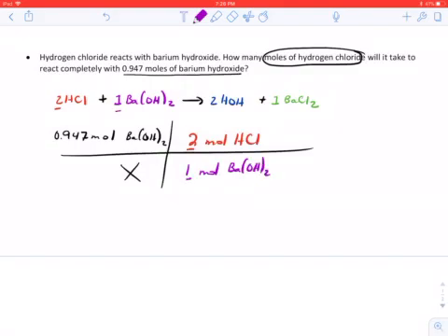So we need half as much there, and that will give us our answer. All we have to do is take 0.947 and multiply that by 2. So we should get 1.95 with sig figs, and that's moles of HCl.